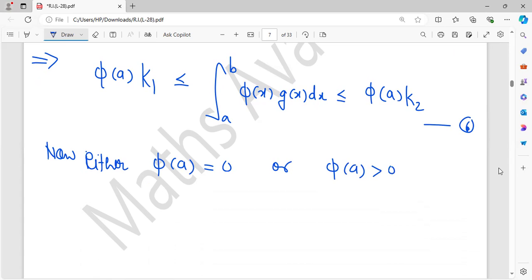So either this will be 0 or this will be positive; it cannot be negative.